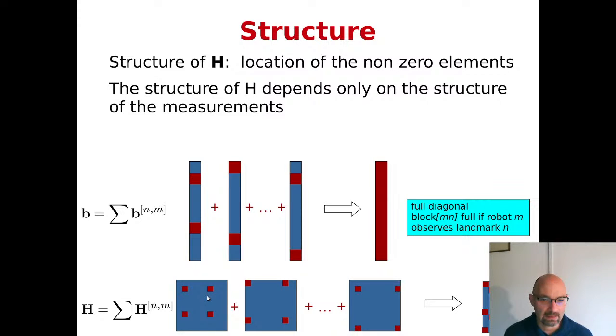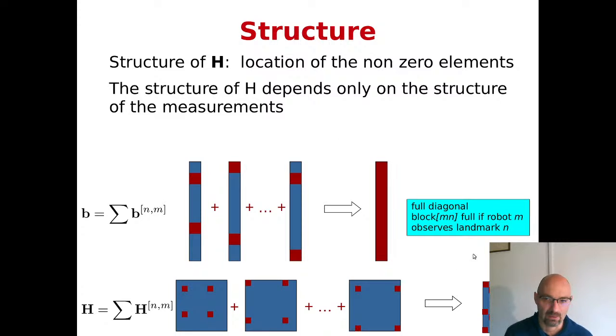If you add then another contribution, you will find elements on the diagonal and one single element in the part that corresponds to robot-landmark position. So at the end of the game, we might imagine that all the blocks on the diagonal will be full because all variables in the end appear.